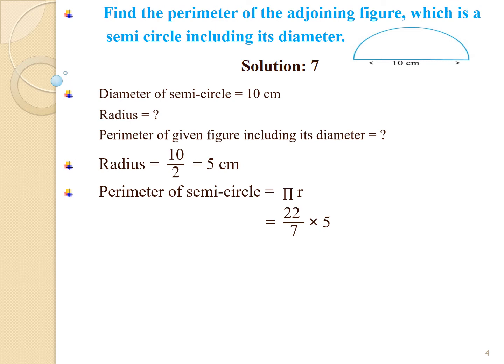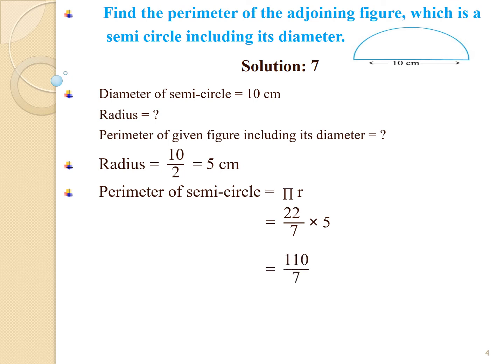Students, now we have to multiply numerator 22 by whole number 5 and keep the denominator 7 as it is. Thus, we get 110 by 7.